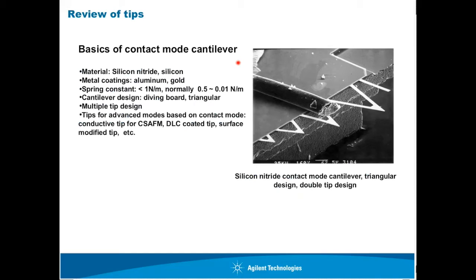Contact mode cantilevers normally have a low spring constant, for example, about 0.5 or 0.01, because when you image the sample, you don't want to scratch it. And therefore, softness is very important. A lot of tips have multiple tip designs, and the benefit of multiple tips in this case is to give you multiple choices, because making one tip and making 5 tips, the cost is the same.